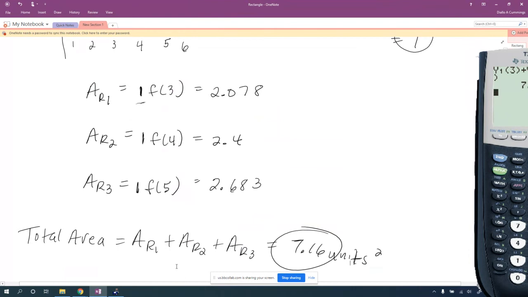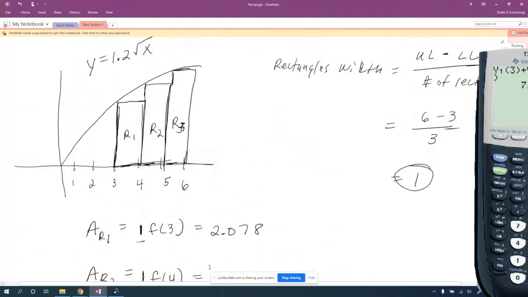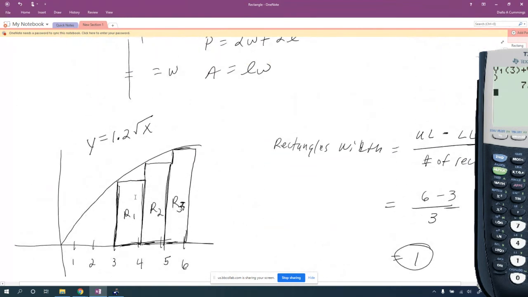Now, just one thing, the more rectangles you use, the better your estimate. Notice here we used 3 subdivisions, which are 3 rectangles. We used a left endpoint.